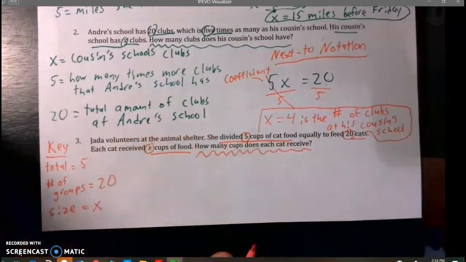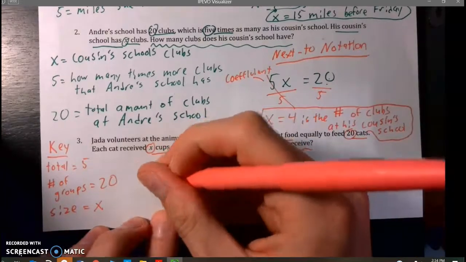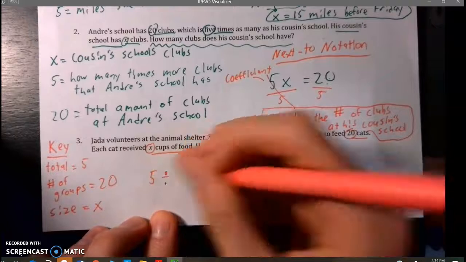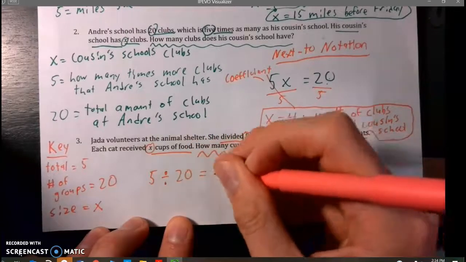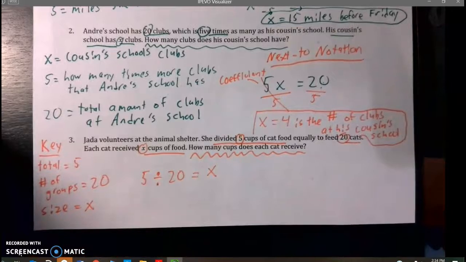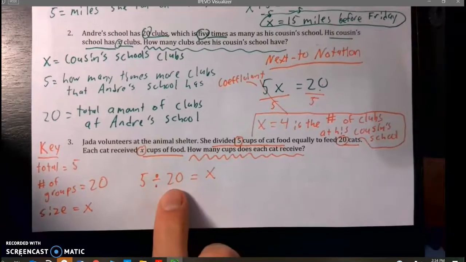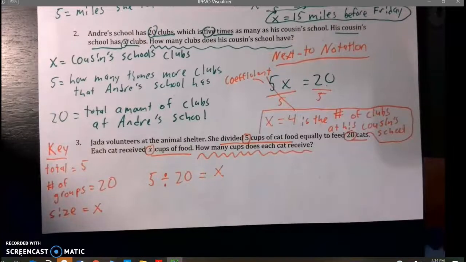That is the size of their meal, how many cups they got. So, in division, we have our total divided by the number of groups would equal the size of each group. So 5 divided by 20 equals x. These 5 cups divided by 20 cats will be the amount that each cat receives.